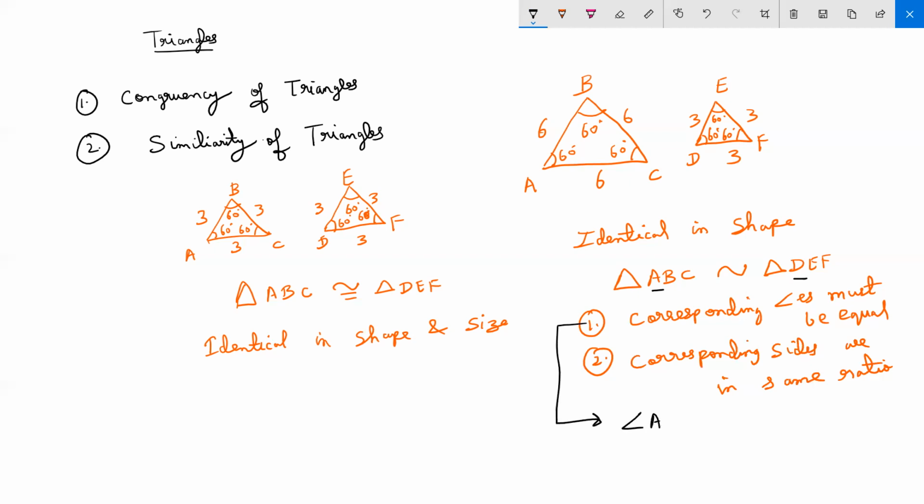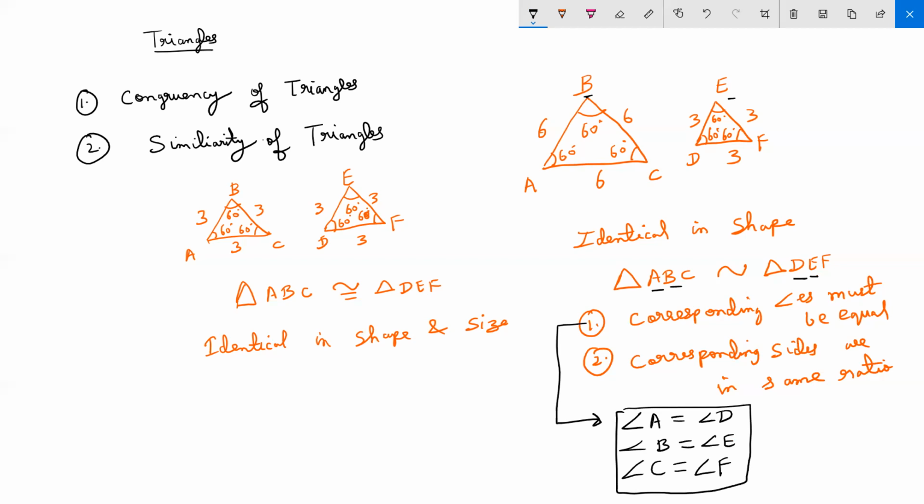That means measurement of angle A must be equal to measurement of angle D. Similarly, angle B should correspond to E, so both the measurements should be equal. Similarly, angle C should be equal to angle F. So this is the first condition for two triangles or for two geometrical figures to be similar.